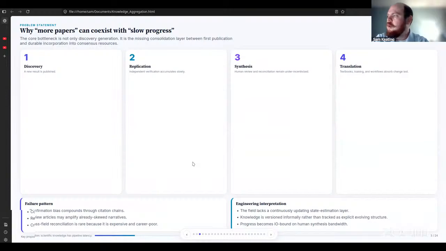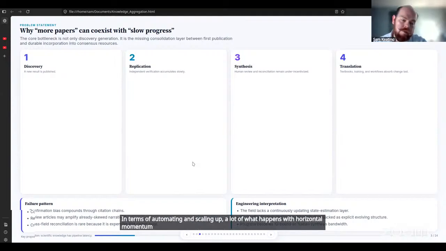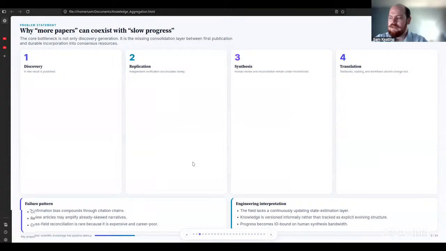So in terms of automating and scaling up, a lot of what happens with horizontal momentum and the problem space of vertical momentum, as I've spoken to in my past conference talk series, a lot of what gets focused on creates these peaks and valleys.